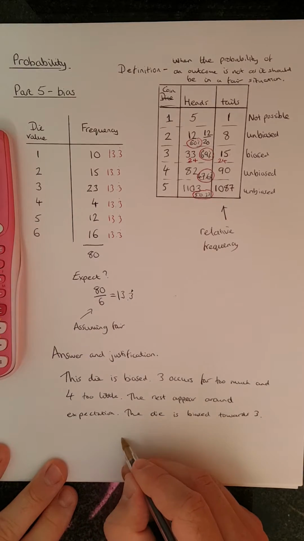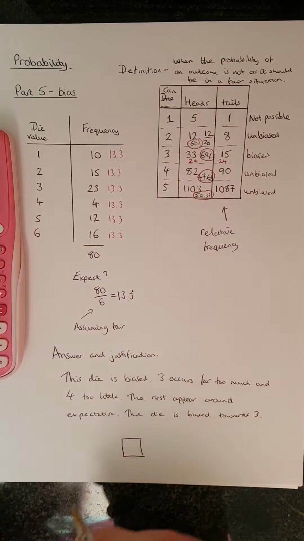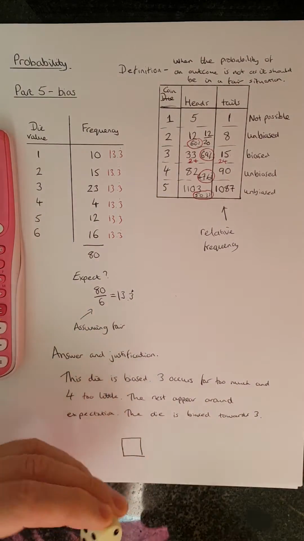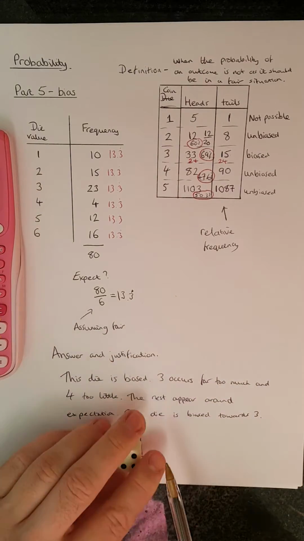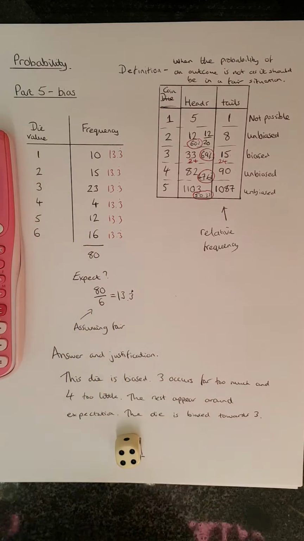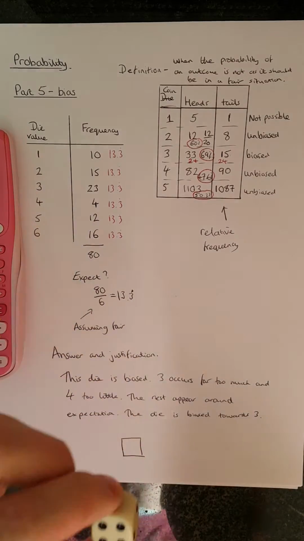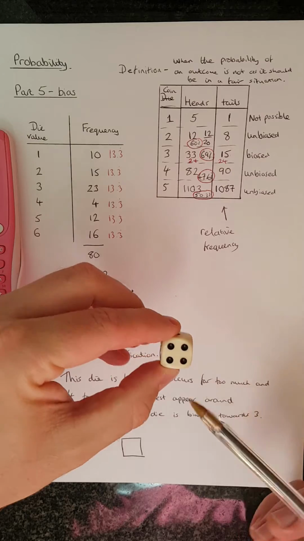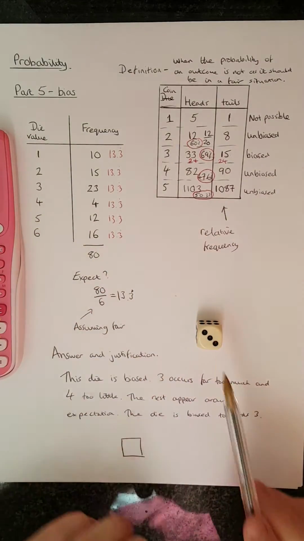Now, for those of you who know what a die is like, let's use the die rather than this. Here is the number 4, the poor, rarely occurring number 4. What's on the opposite side? It's the 3.